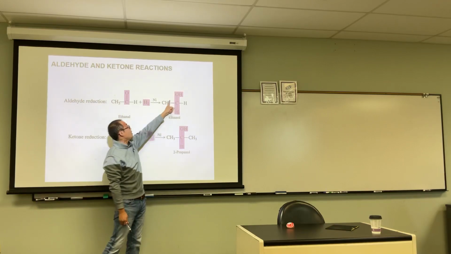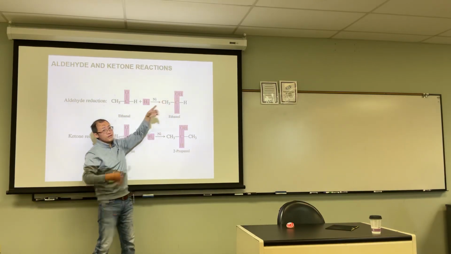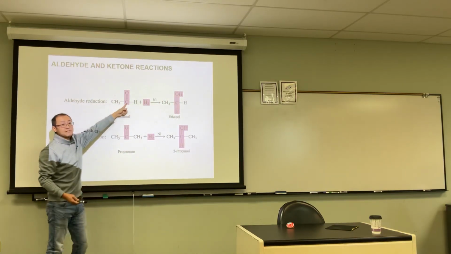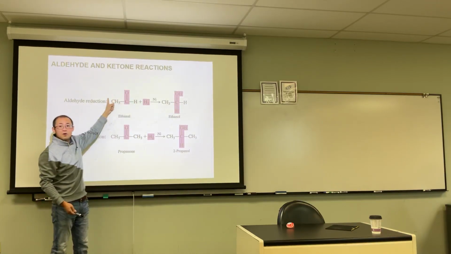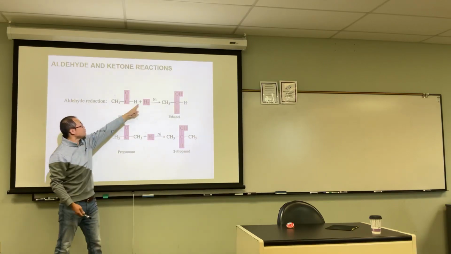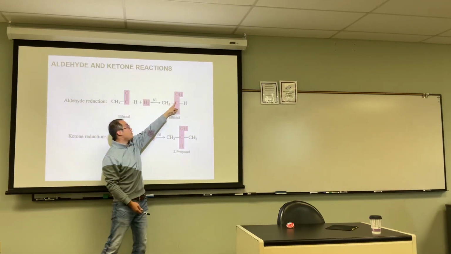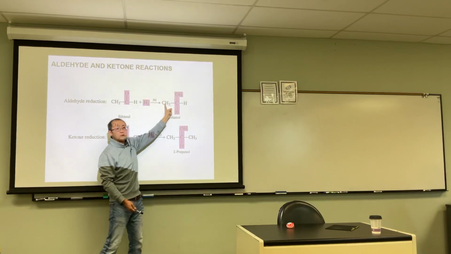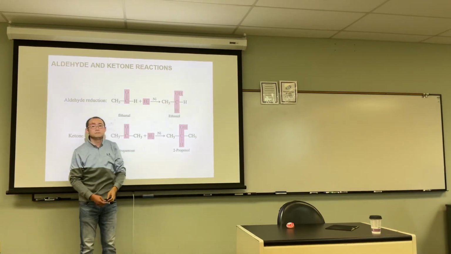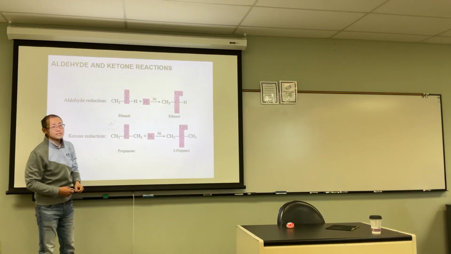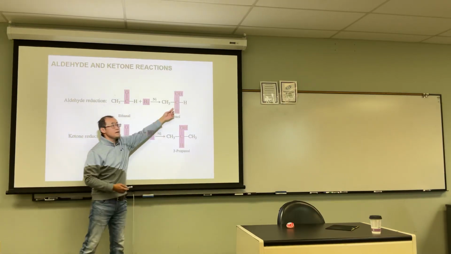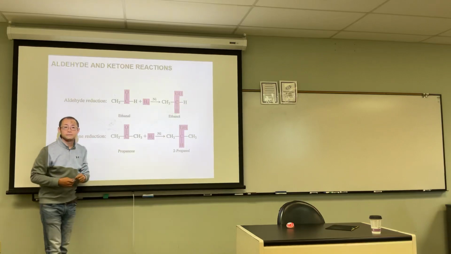And then that means this carbon only have one group on it. Or you can understand this way. For aldehyde, because there's a hydrogen, so on this carbon there's only what? One group. So after hydrogenation, this carbon with the OH still only has what? One group. So aldehyde hydrogenation or reduction gives a primary alcohol.